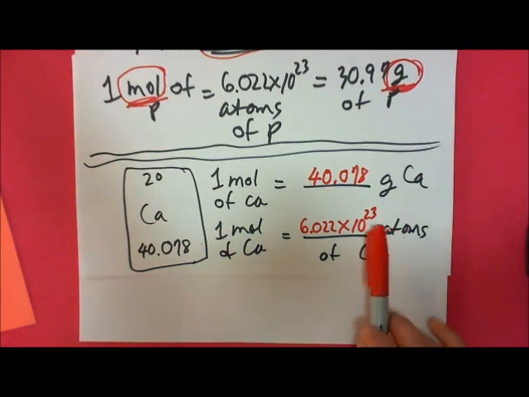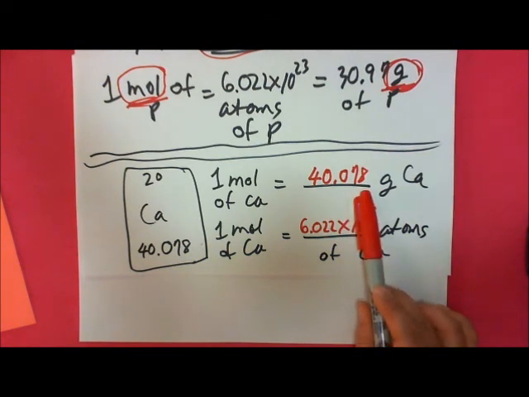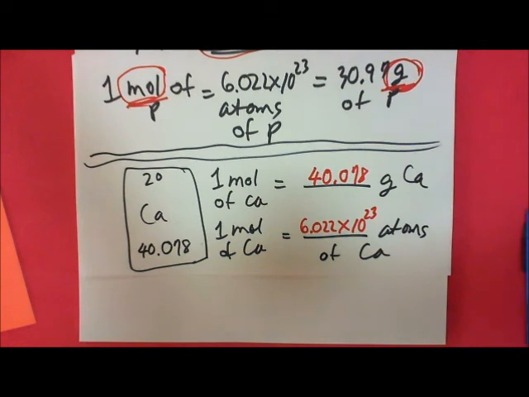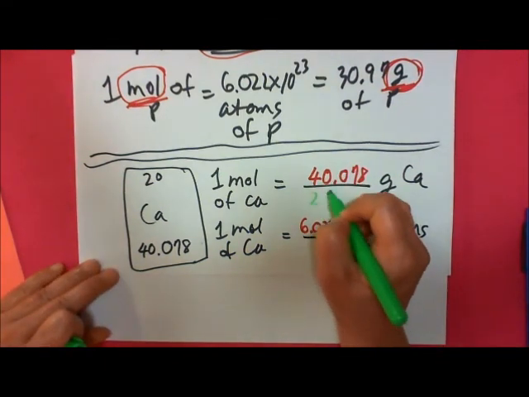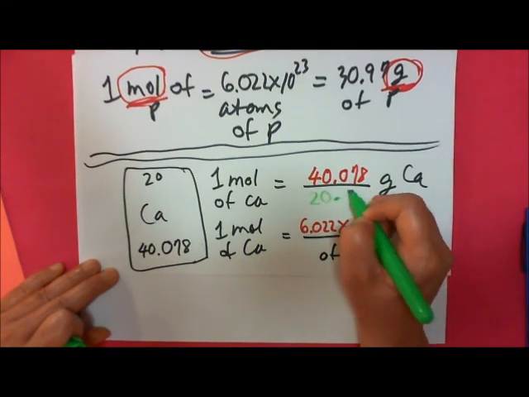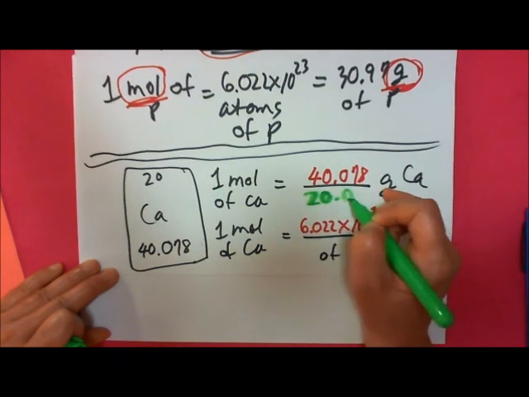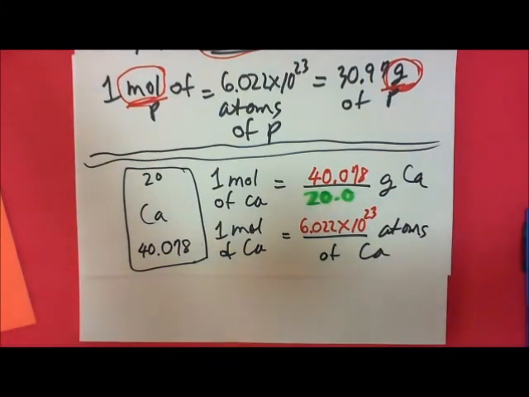Now what I often get instead of the 40.078 for the mass of calcium is this instead: 20.0. That's what some people give me.